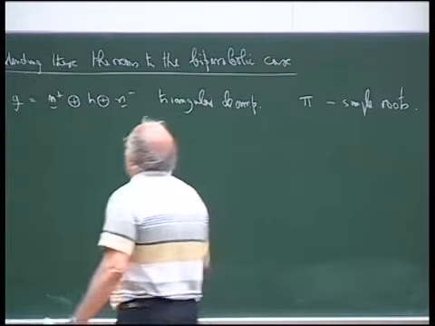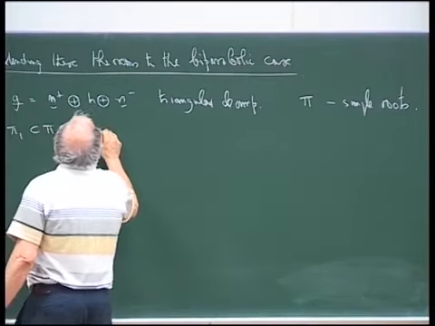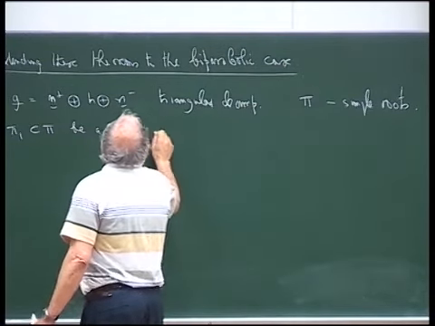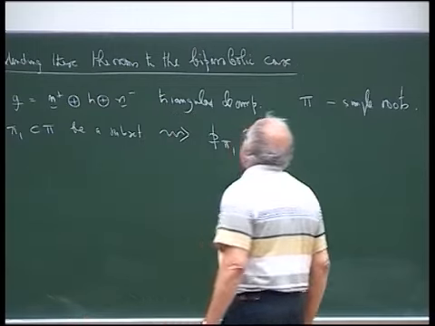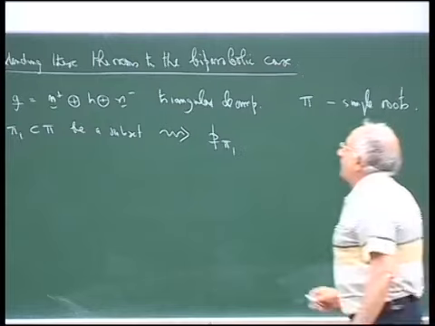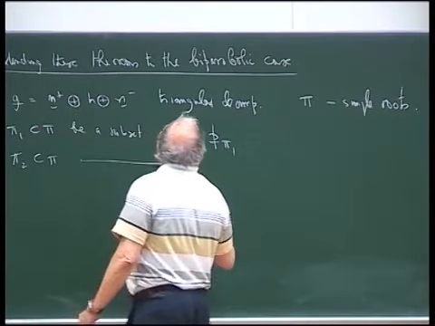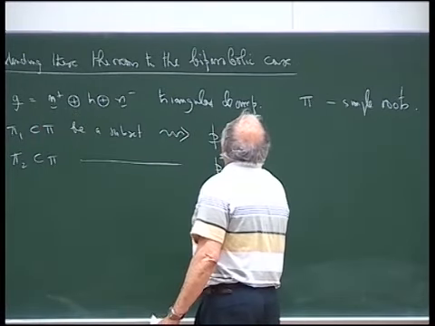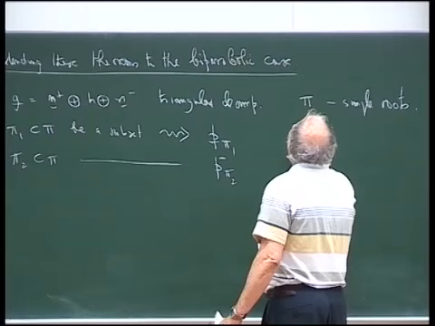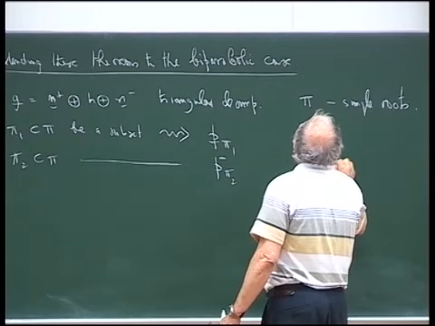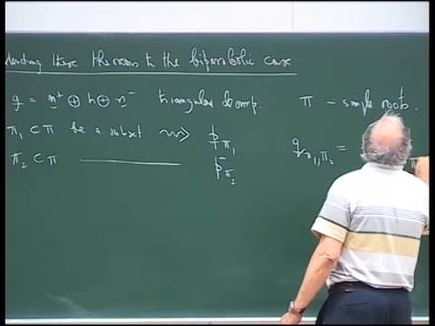And if we let pi 1 in pi be a subset, then of course associated to this there is a standard parabolic subalgebra. And if we take pi 2 to be another subset, then we can form the opposite parabolic subalgebra, and then we can form what I call a biparabolic subalgebra, which is p pi 1 intersection p minus pi 2.